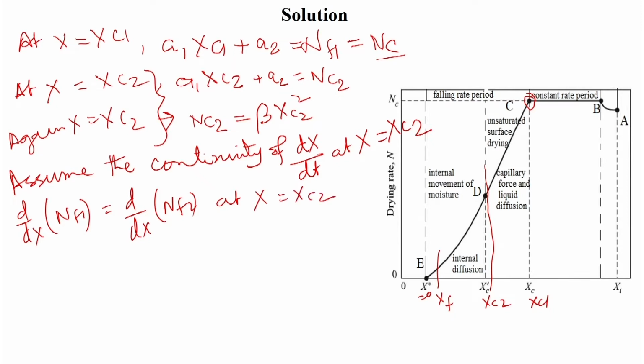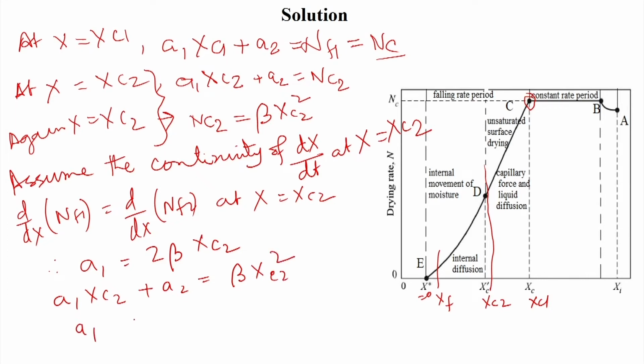From there we get A1 is equal to 2 into beta into Xc2, and A1 into Xc2 from the above equation plus A2 is equal to beta into Xc2 square.